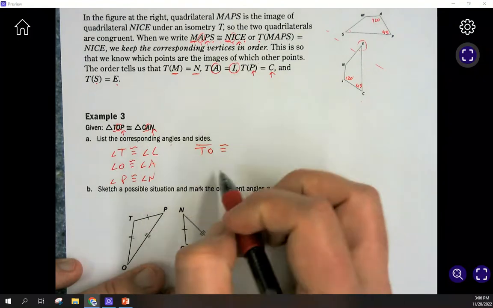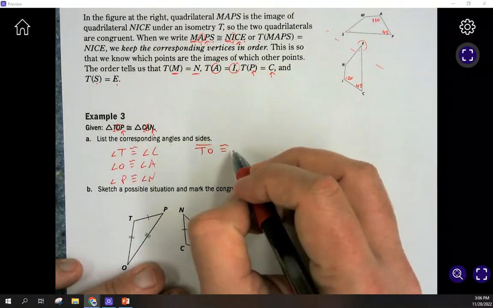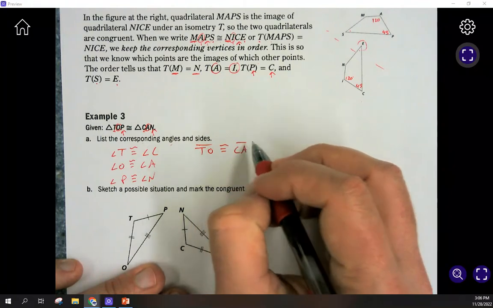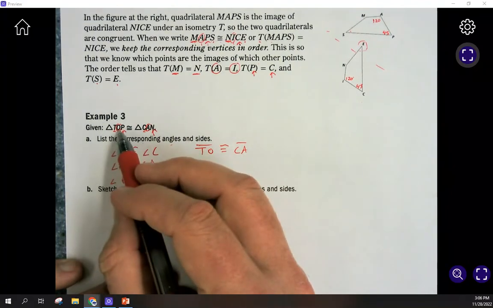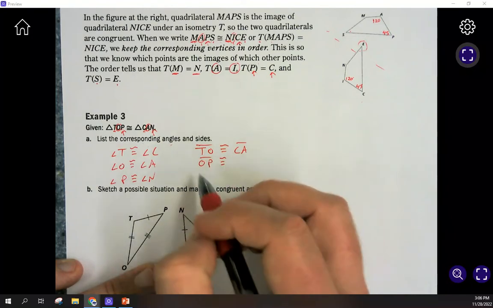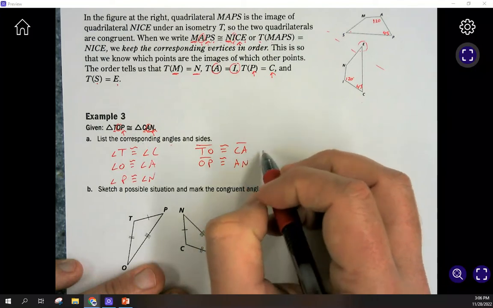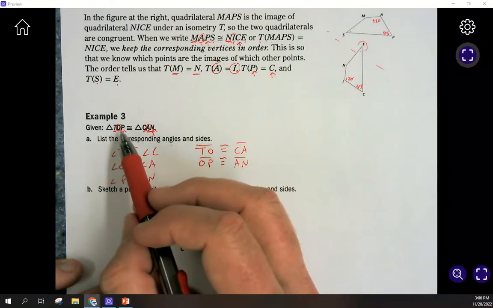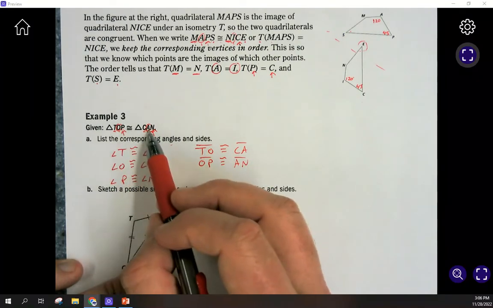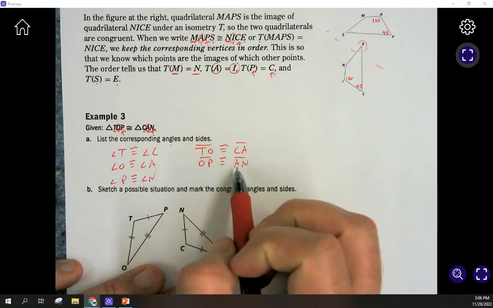It's going to be congruent to, match it up over here, if that's the first 2 letters, it's going to match the first 2 letters over here, CA. Then there's going to be a side that's OP, and it's going to match the other 2 letters over here, AN. Notice I wrote the same order too, OP and then AN. So I wouldn't say NA. You want to make sure that they match up.